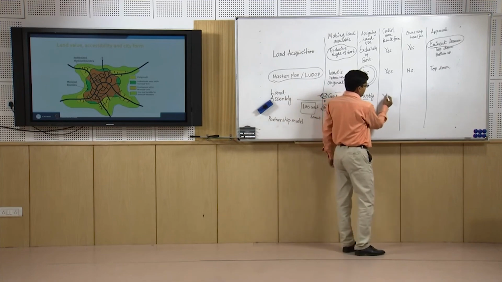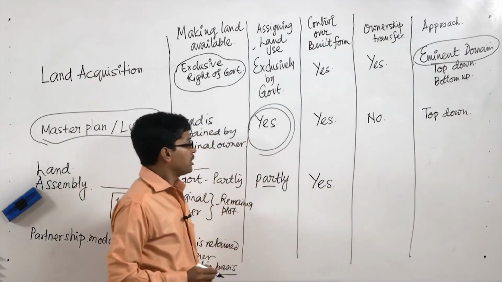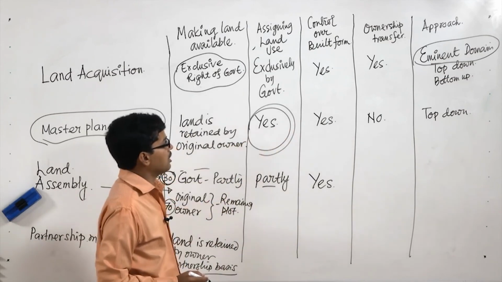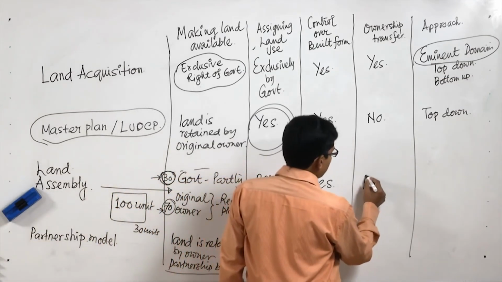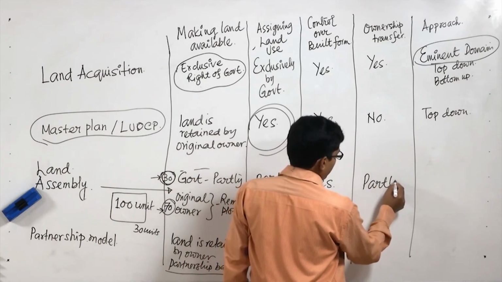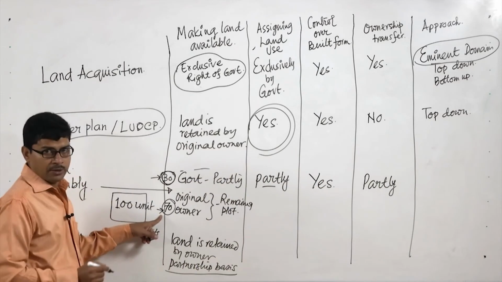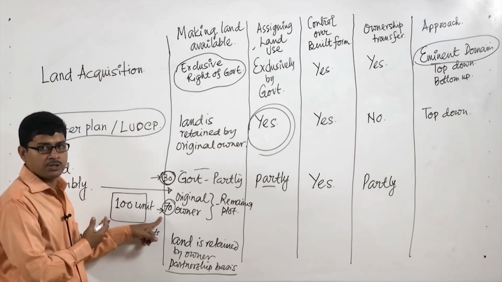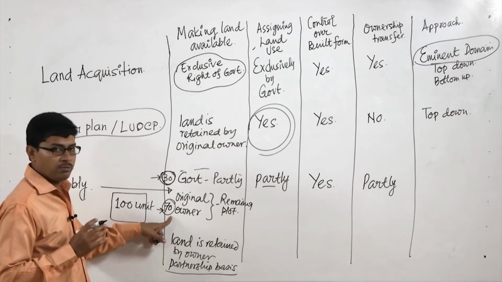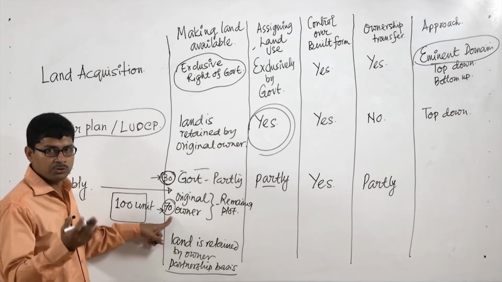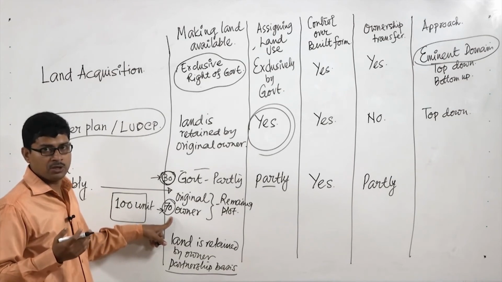Here also they have the development control, definitely they provide all the development controls as was there in the land use and development control plan, and ownership is transferred partly. As we have seen for the 70%, we took as an example, it could be 60% also or 65% or 50%. So, some amount of land which government is giving back to the original owner with the enhanced facility and infrastructure, which we call developed land.